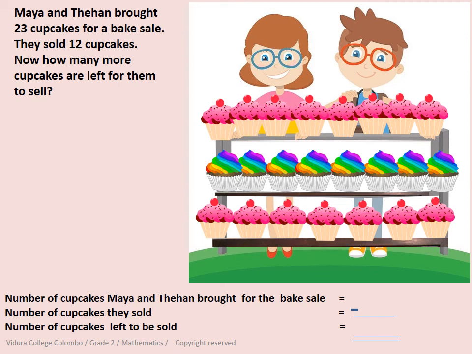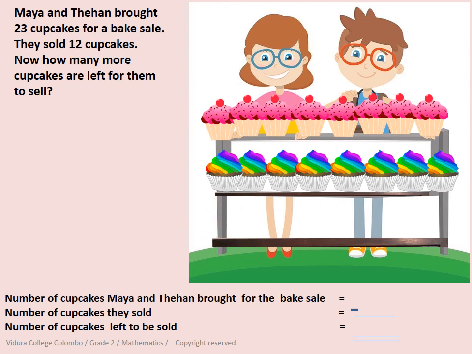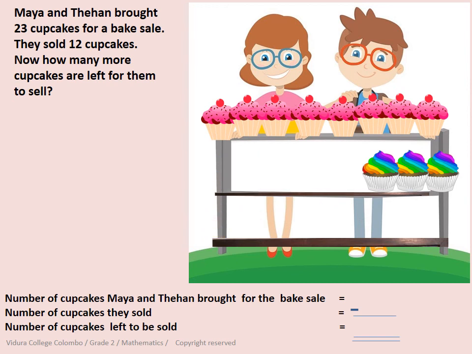Maya and Tehan brought 23 cupcakes for a bake sale. They sold 12 cupcakes. Now, how many more cupcakes are left for them to sell? Let's try to figure out the answer. First, we need to write the correct figures in front of the correct sentence.